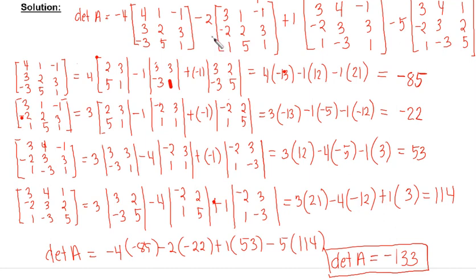So minus 2, yung coefficient na 2, times yung value ng 3 by 3 matrix na ito, which is negative 22, plus 1 times yung value ng 3 by 3 matrix na ito, which is 53, minus 5 times the value of this 3 by 3 matrix, which is 114. So we will get determinant of A is equal to negative 133.